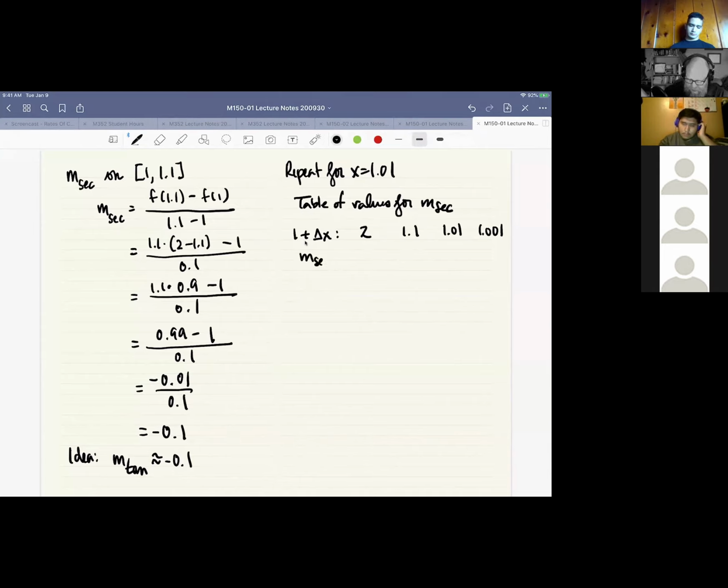And if I use these to calculate the slope of the secant, we saw the first calculation we did, we got a slope of negative 1. The calculation we did here on the left side of the page, we got a negative 0.1. And if you go and do the work, you'll see you get a negative 0.01 and a negative 0.001 for those other inputs. So what this table is suggesting is that the limit as our delta x goes to 0 from above of the secant line slope looks like it's equal to 0.